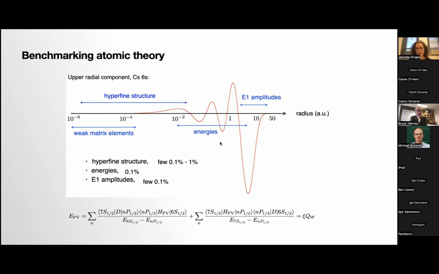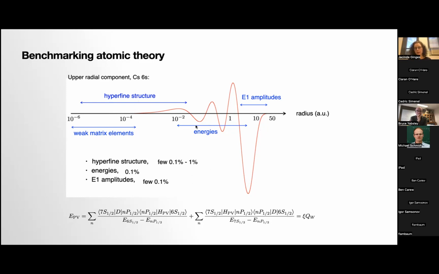We can directly compare our calculations to various energies and probe the quality of the wave functions at intermediate distances. And then we can also calculate electric dipole transition amplitudes and compare those to experiment and probe the large distance scales. So this is basically how we proceed. This is one main route that we take to test our atomic theory.